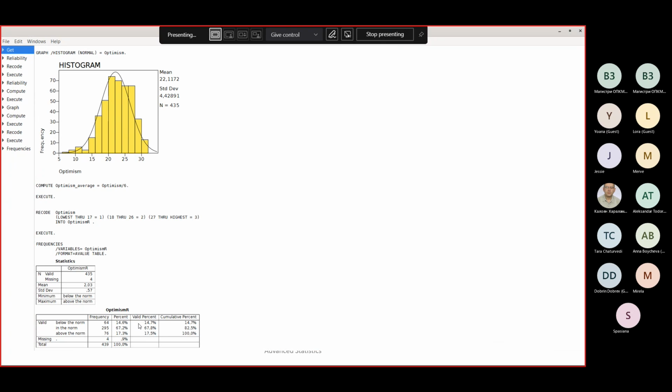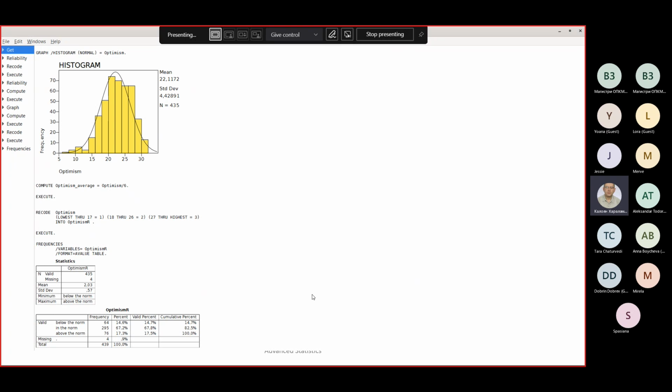So we have to look here at valid percent, and we have almost 15% below the norm, almost 68% in the norm, and 17.5% above the norm.